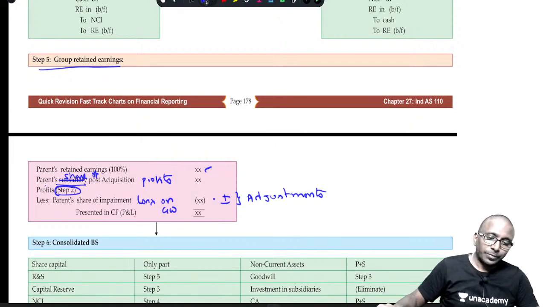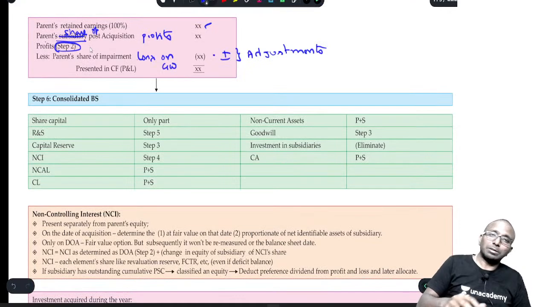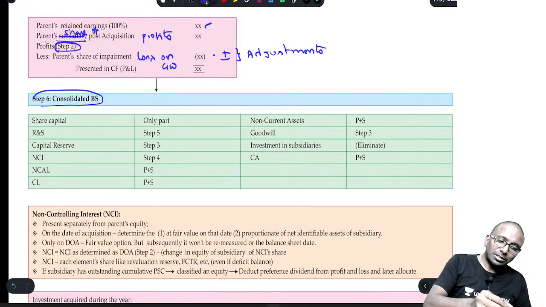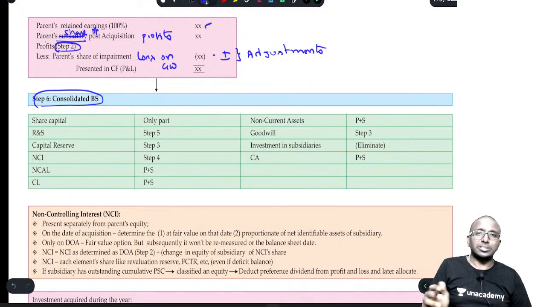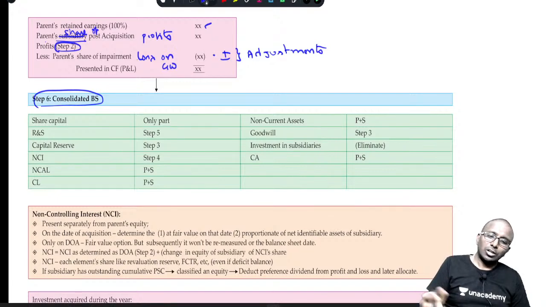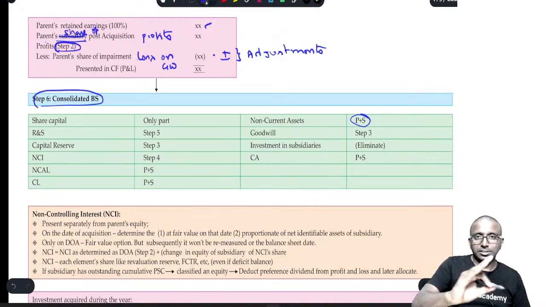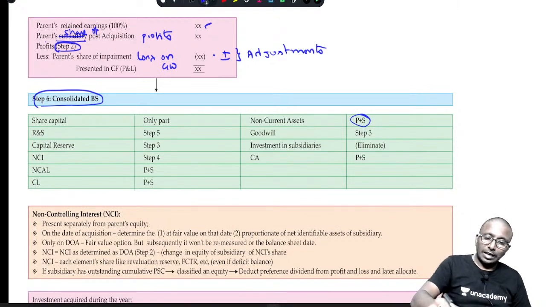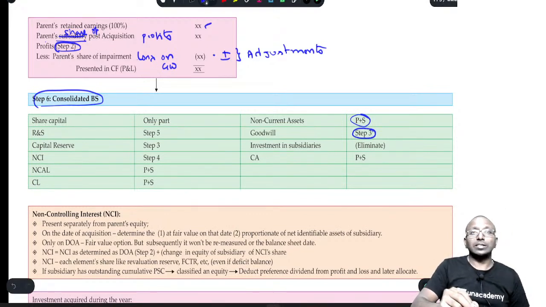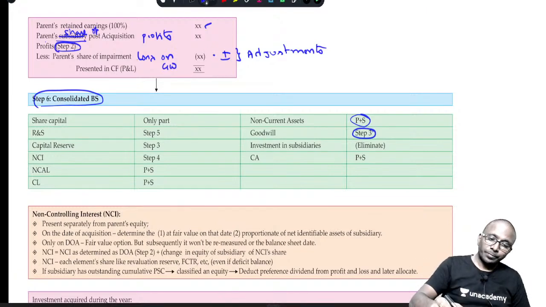Next, step number 6, what I prepare is the consolidated balance sheet. It is not a separate step. Obviously current assets will be taken as they are, and goodwill, which is computed in step number 3, will come here. Investment in subsidiary will be eliminated.